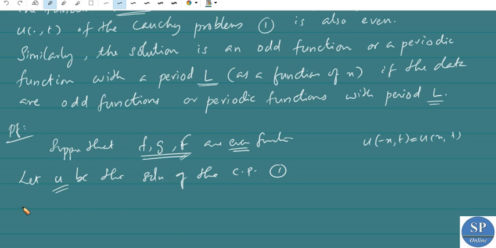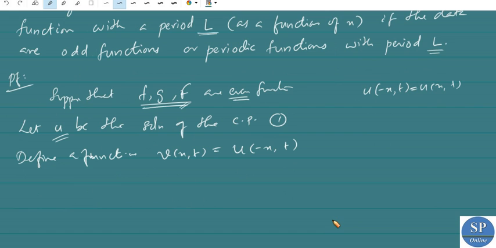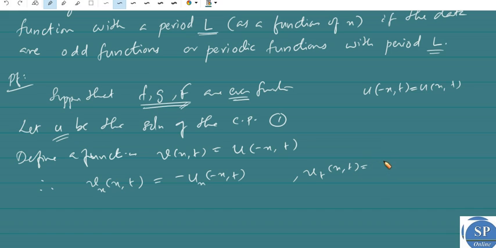Now define a function v of x, t equal to u of minus x comma t. Therefore, we have the first derivatives: v_x of x, t is equal to u_x of minus x, t into minus 1, and v_t of x, t is equal to u_t of minus x, t into 1.